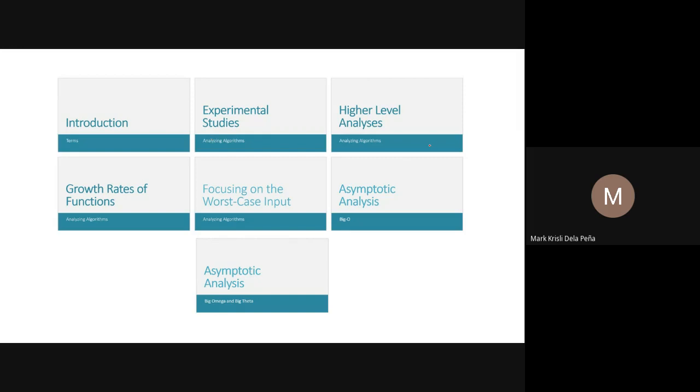Okay, let's proceed to a different way of analyzing algorithms. I call it higher level analysis. Now we will not be using experimental analysis, but a different type of analysis.